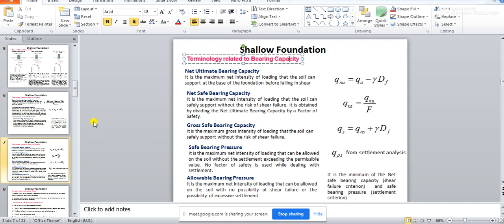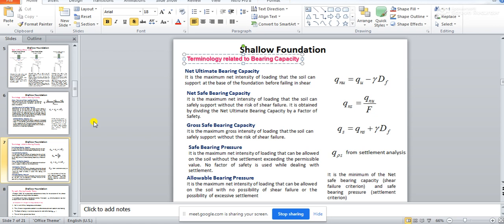So net ultimate bearing capacity will always be lesser than the ultimate bearing capacity. And by how much will it be reduced? It will be reduced by the weight of the soil, or the overburden pressure of the soil.